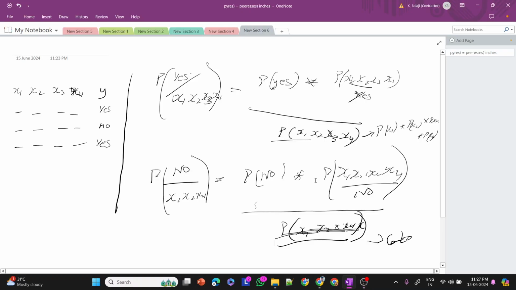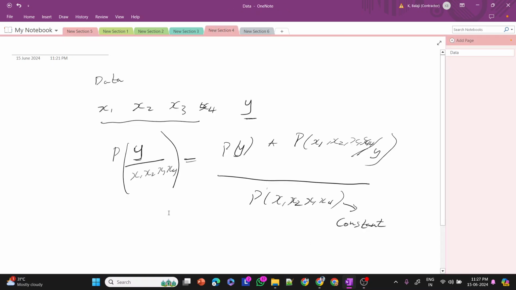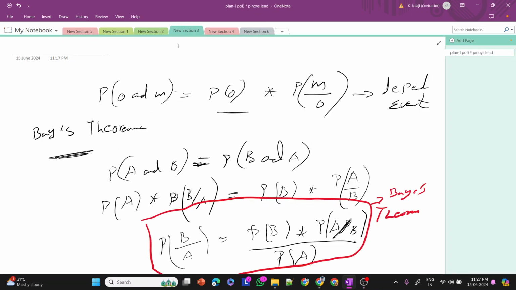By using this Bayes theorem, we will decide, depending upon the input data, what our output will be, using this formula.